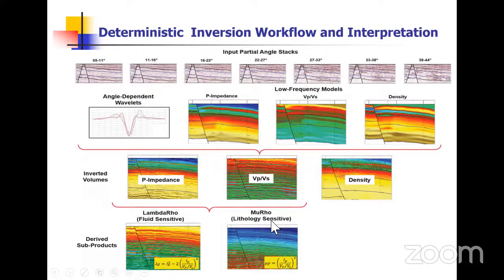Mu rho is lithology sensitive. I'll not go into those details now, but what I mean is that your grain size variation, your sorting, the porosity, the matrix type, all of them are sensitive to this mu rho attribute. And for your fluid, it is your lambda rho.